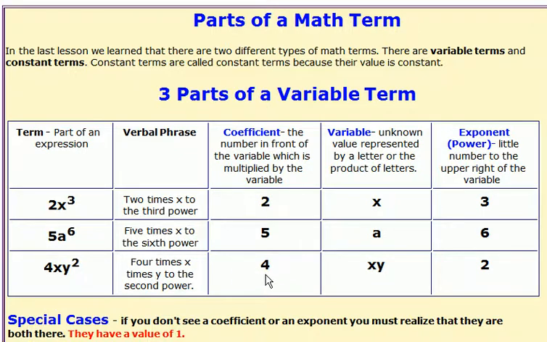The coefficient on this term is 4. The variables are x times y. So we have 2 different variables in this example. And the exponent on the y value is 2. Okay, so we'll get into this a little bit more in later lessons.